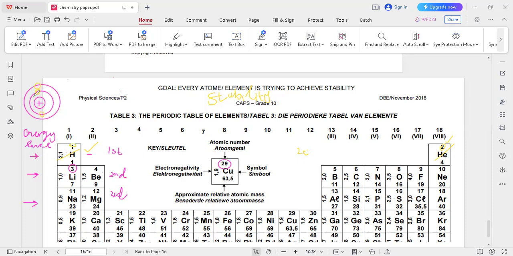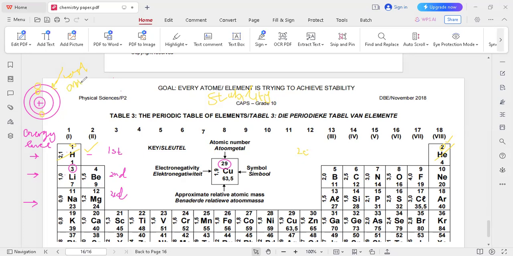So that's one way of figuring out how many valence electrons, because valence electrons are the electrons in the outermost energy level. For lithium, this last orbital is the outermost energy level.